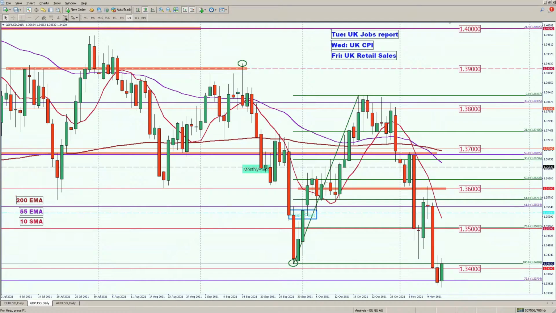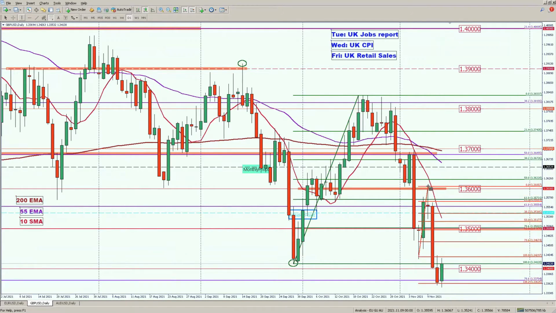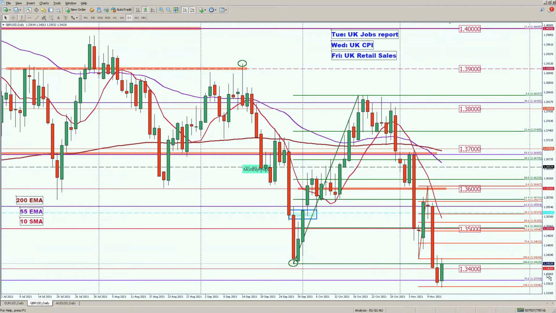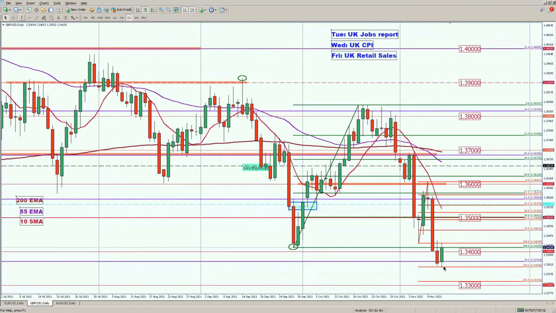And for last week, if you wanted to take a reversal move, you could, and that's the target at the 138 fib extension of this reversal move, and that was hit exactly at the 133.55 area before it recovered.